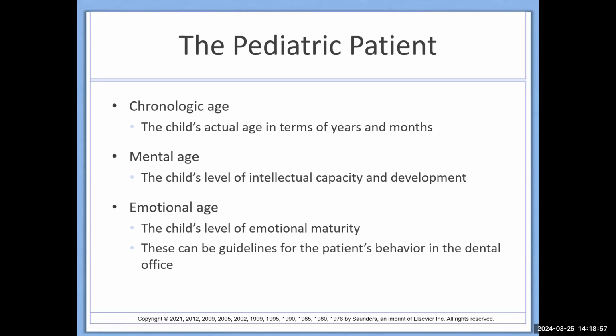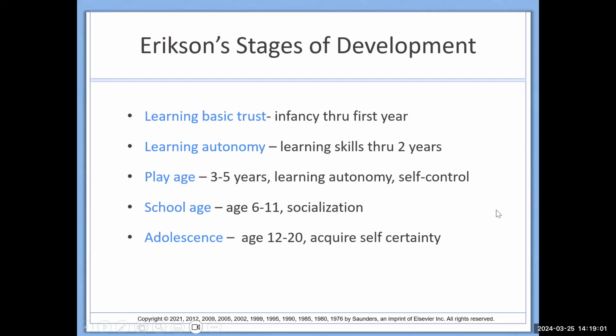And there are guidelines for patients' behavior in the dental office when you deal with that. Your book talks about the Erikson stages of development, okay? In that development, you first have to consider learning basic trust, and that goes anywhere from infancy through the first year. And then there's learning autonomy, so you go through learning skills all the way to 2 years old.